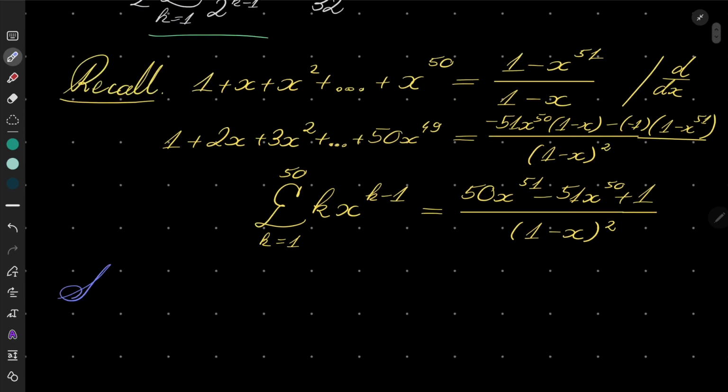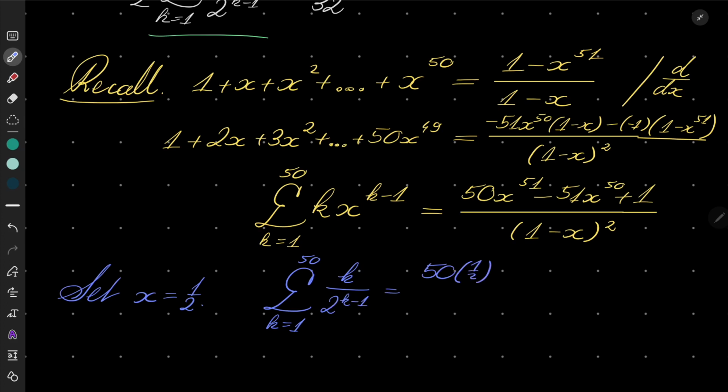Let's now set x to be 1/2. Then we will get the following. The sum from 1 to 50 of k over 2 to the power k minus 1 is 50 times (1/2) to the power 51 minus 51 times (1/2) to the power of 50 plus 1, over (1 minus 1/2) squared. 1 minus 1/2 is 1/2, so we have (1/2) to the power of 2.